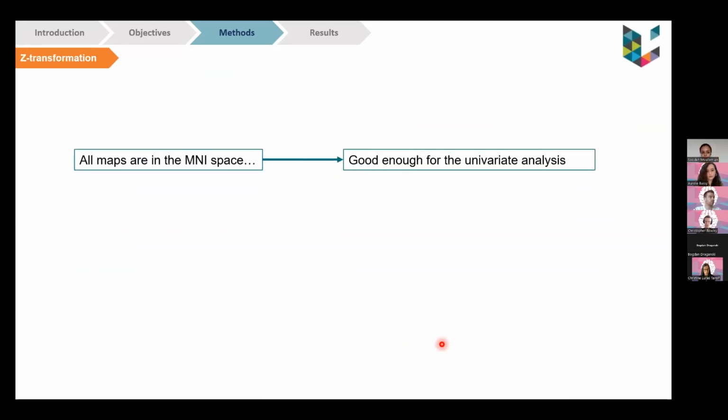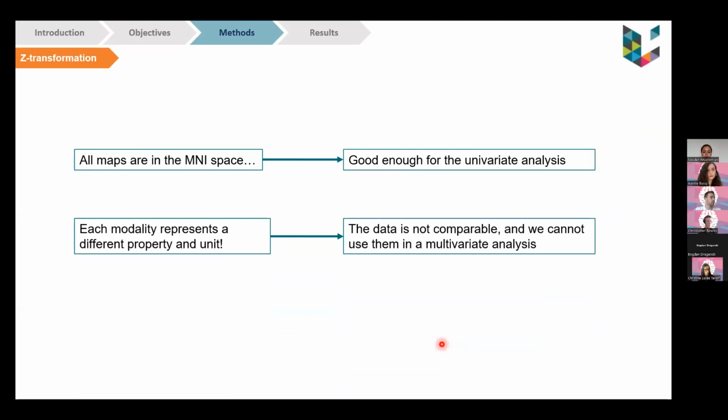As I mentioned, all maps are in the same space, so we are good to do some univariate analysis. But each map and modality here represents a different property and unit. So we cannot use these maps in a multivariate model, and they are not comparable like this.